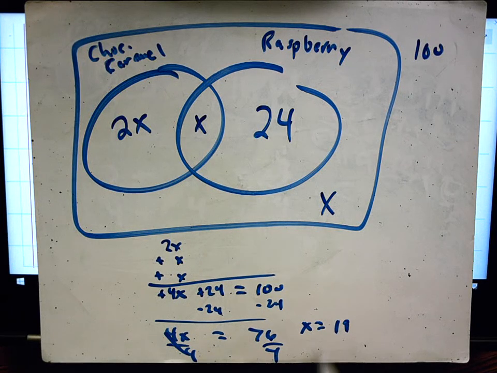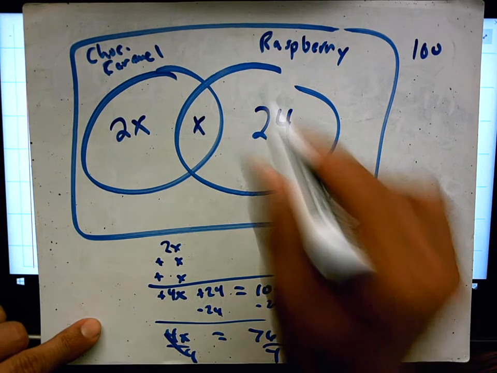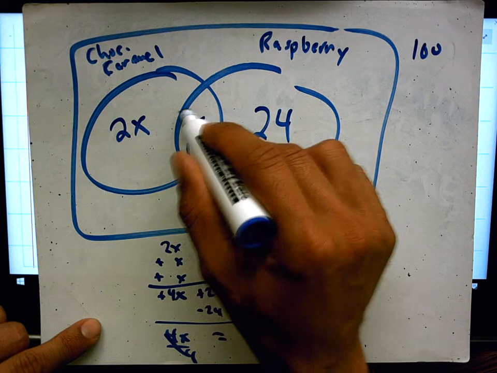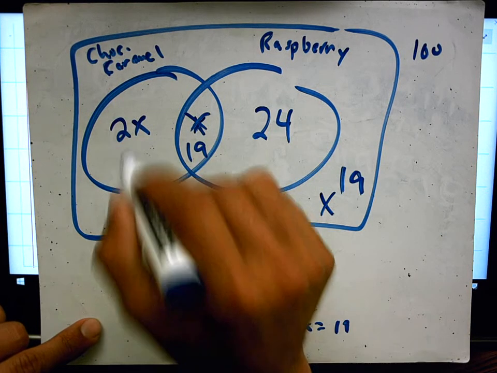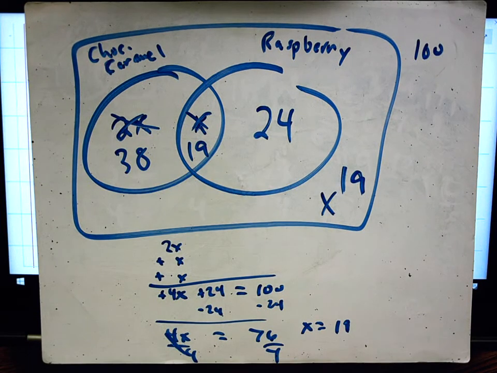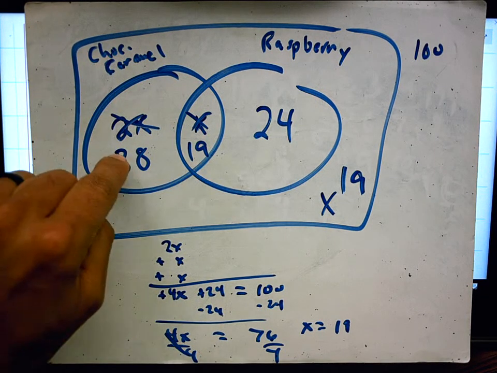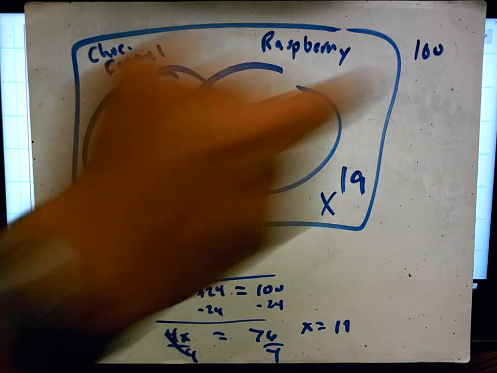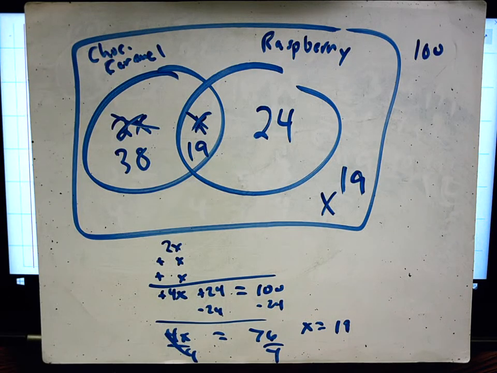Which must mean 19 people didn't like either flavor. 19 people were both. 2 times 19 is 38. And if we did the math right, 38 plus 19 plus 19 plus 24 should equal 100. Since I've done this already, it does.